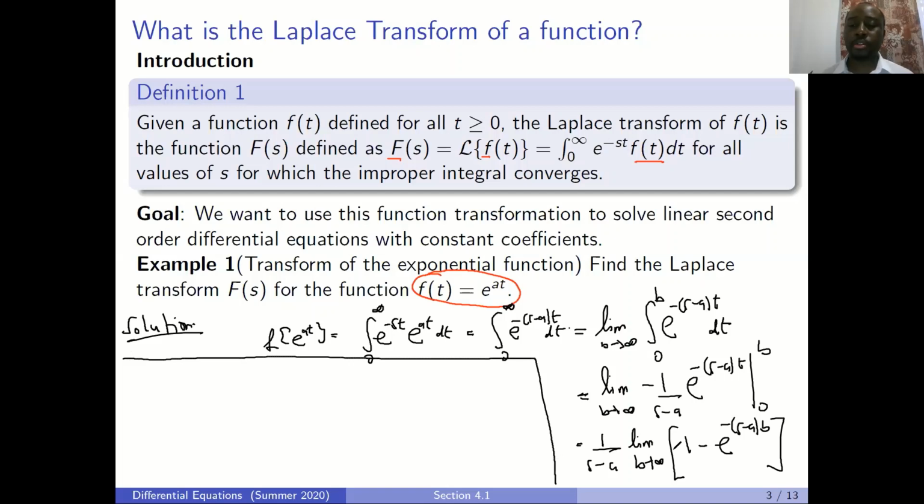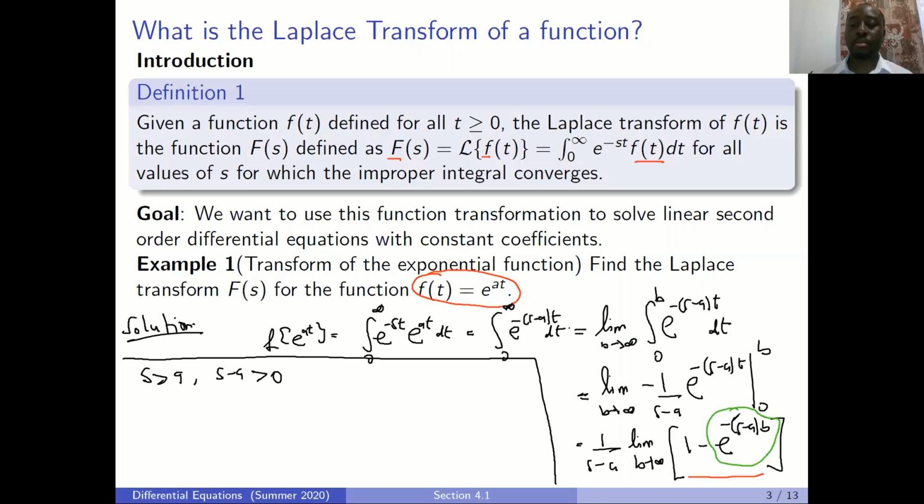Okay, so now let's take a closer look at this limit here. Now, notice that if s is greater than a, then s minus a is positive, which means that as b approaches infinity, this is going to approach 0. That is true as long as s minus a is positive.